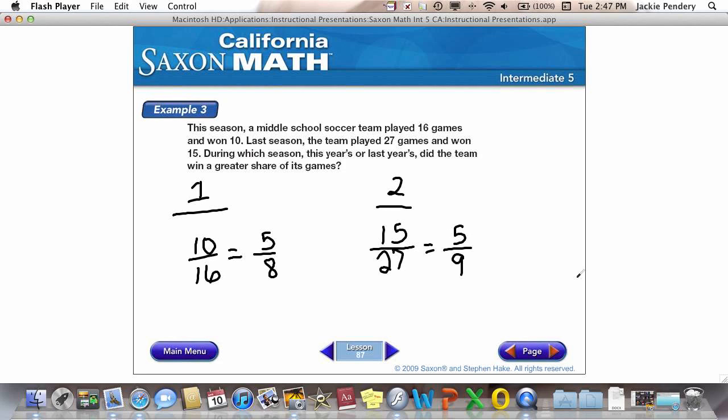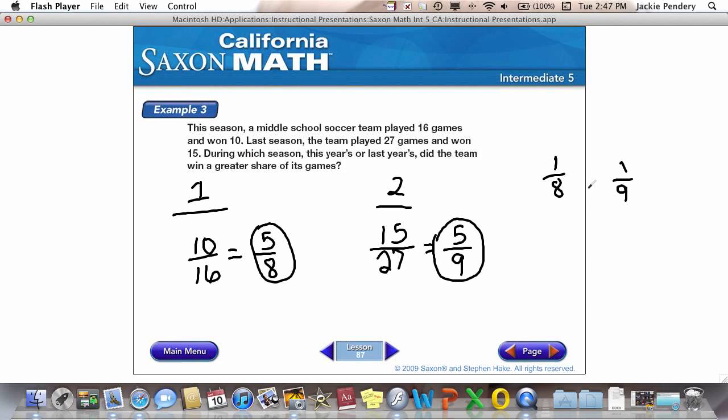So if I look at comparing these two fractions, I need to compare 5/9 and 5/8. You're going, well, I don't know, those are really close. Let's talk about comparing just 1/8 and 1/9.